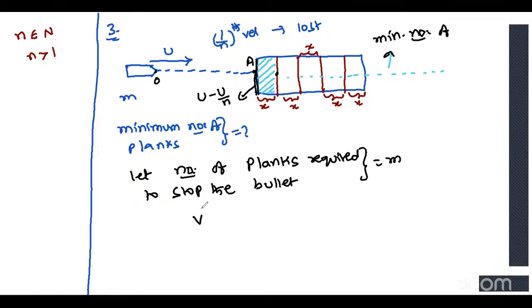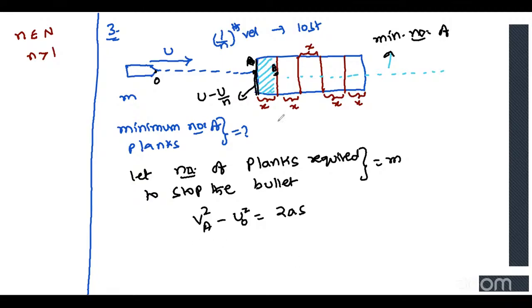By using the principle V square minus U square equal to 2AS, up to here, A I'll consider here.